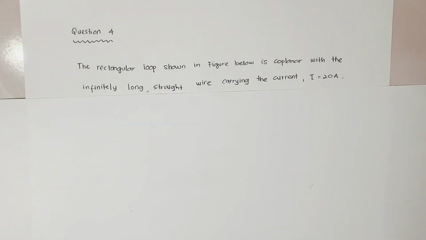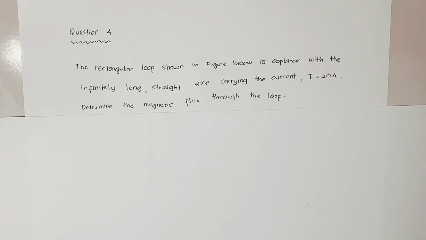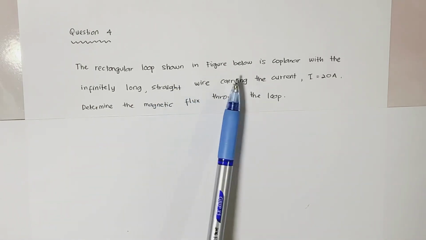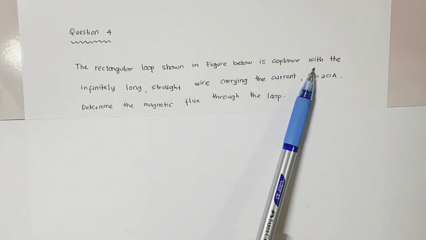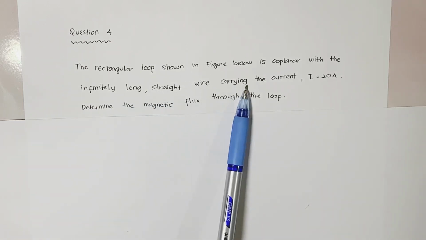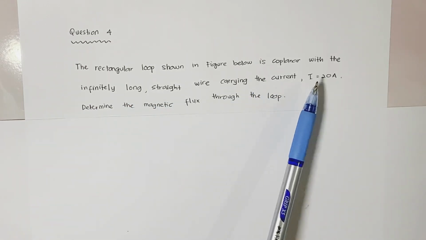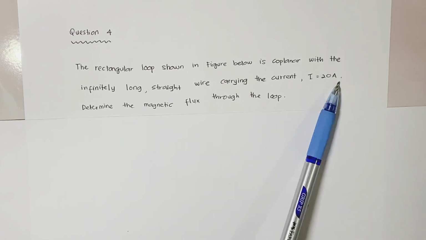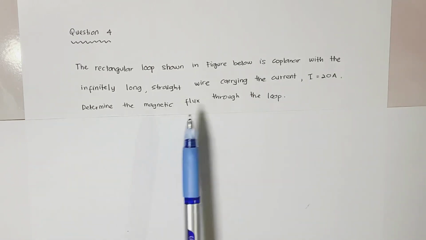Okay, now we proceed to question number 4. The question gives you the rectangular loop shown in the figure below, which is coplanar with an infinitely long straight wire carrying the current I equal to 20 ampere. Determine the magnetic flux through the loop.